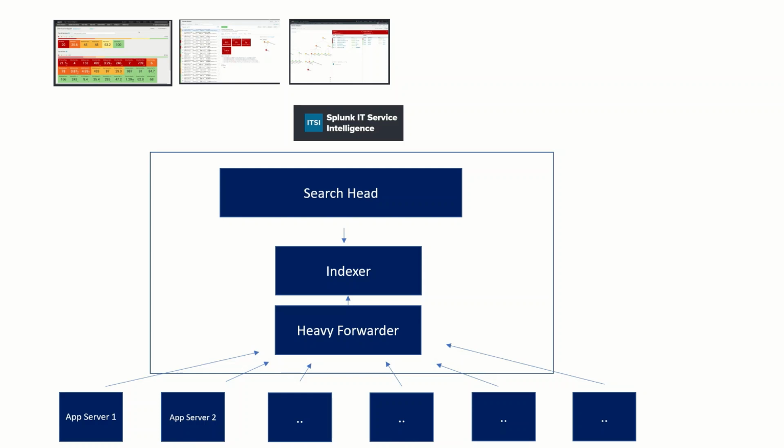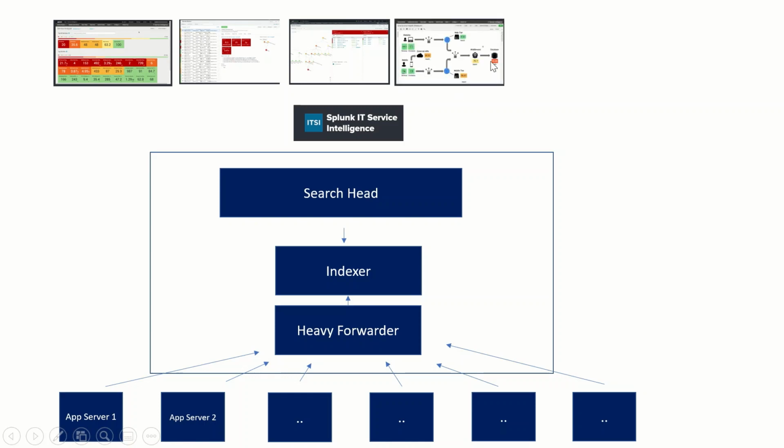We can call it a tree view, where it follows the top-down approach. On the top you can see the business service and then below you can see any application or any host or something else. So you can define the services as per your need.